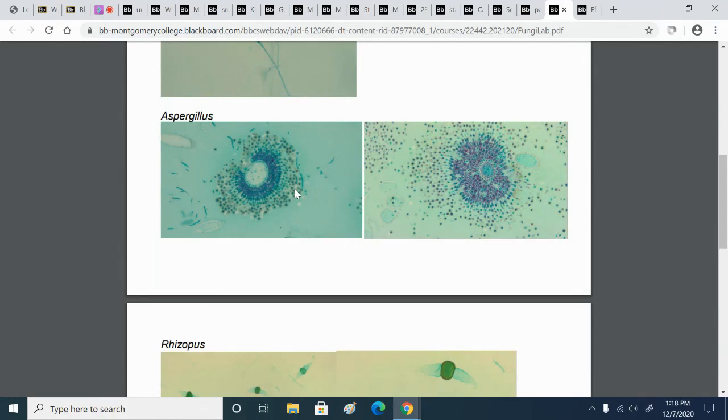Anybody remember what was special about Aspergillus? And I mean, special as in bad. What was bad about Aspergillus?